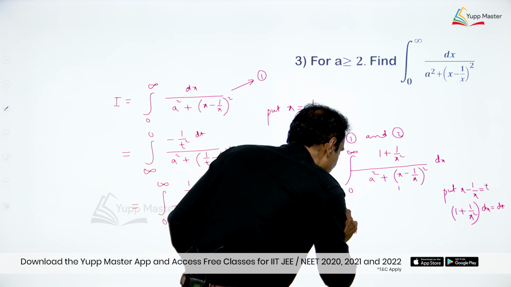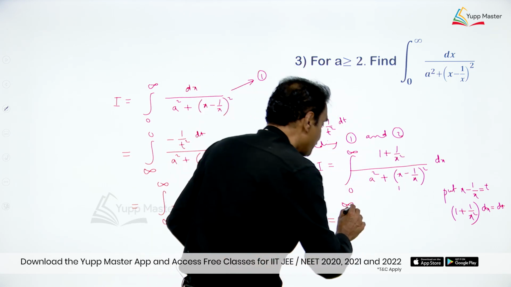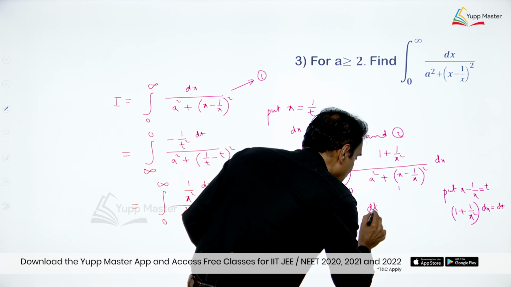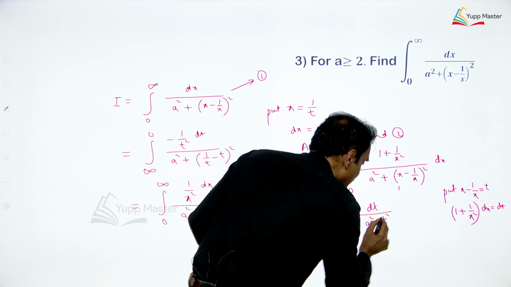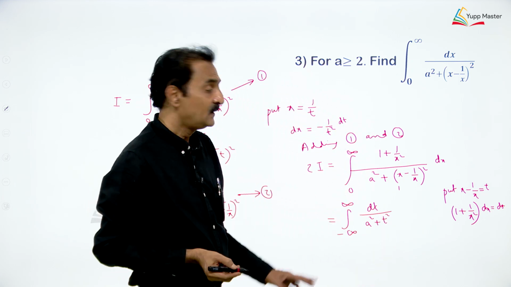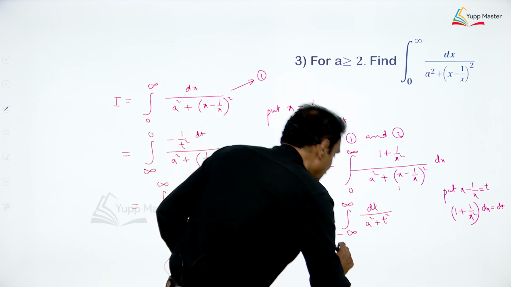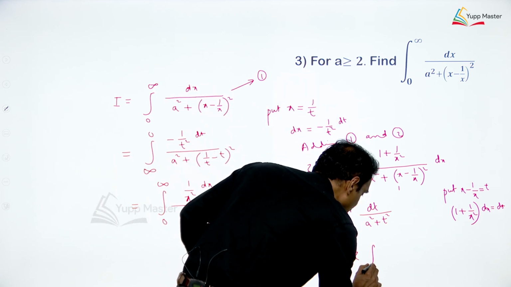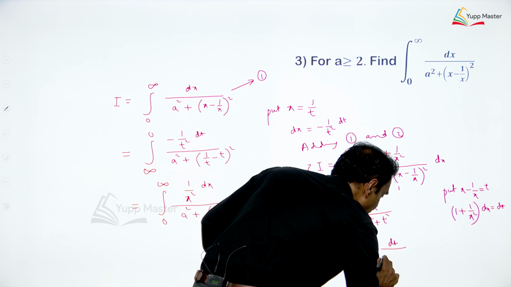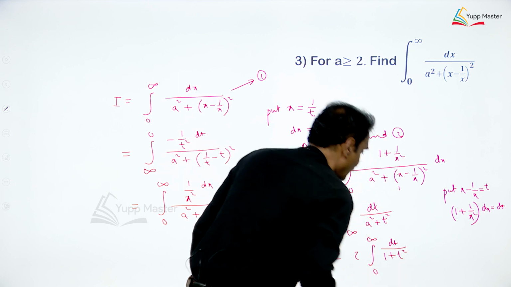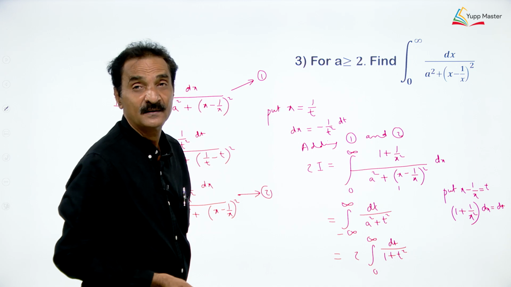So, upper limit will be infinity, and this numerator becomes dt by denominator a square plus t square. Now, since the function is even, we can write it as 2 integral 0 to infinity dt by a square plus t square. Okay.